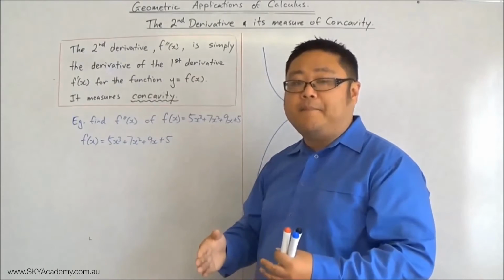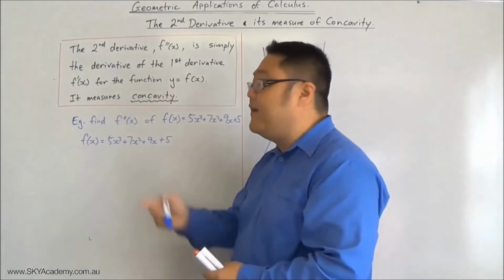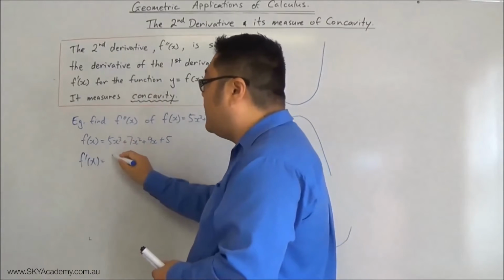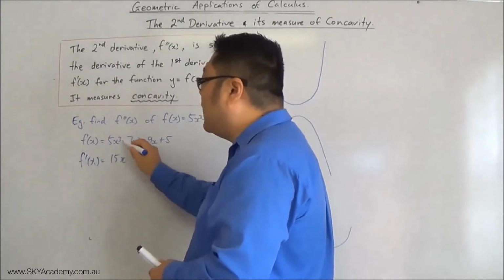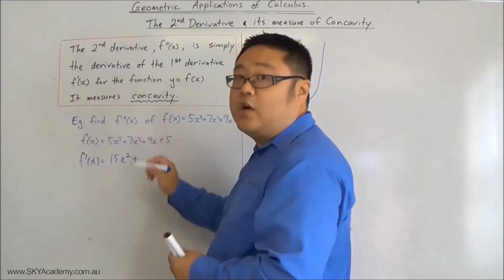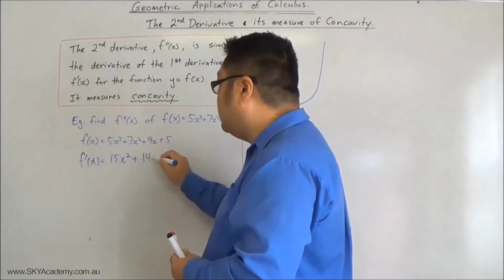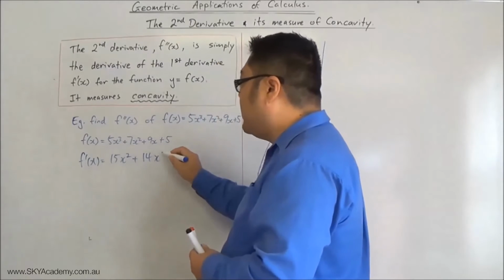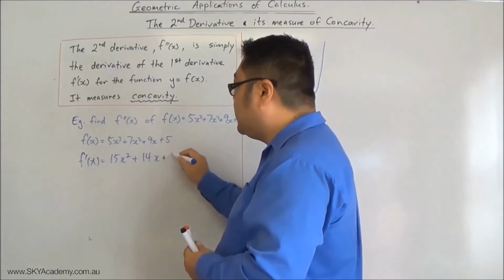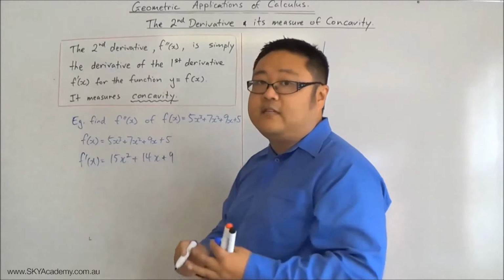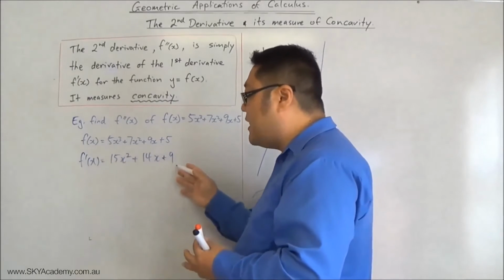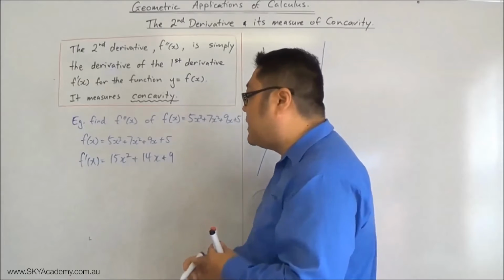So f dash of x would be 3 times 5, which is 15x squared, plus 7 times 2, which is 14x, 9x becomes 9, and the 5 disappears. Your first derivative is 15x squared plus 14x plus 9.